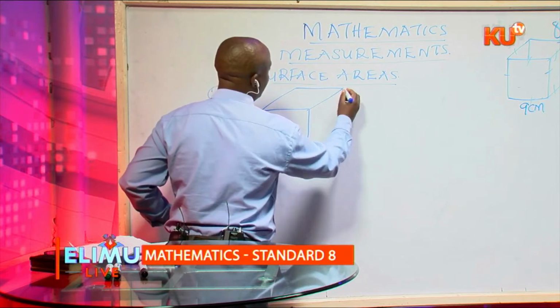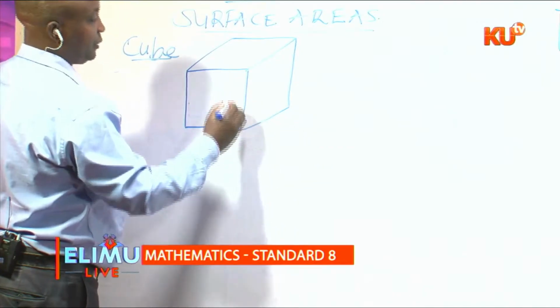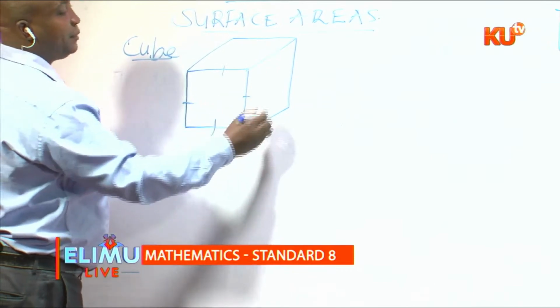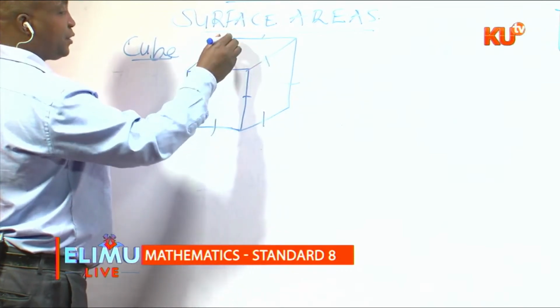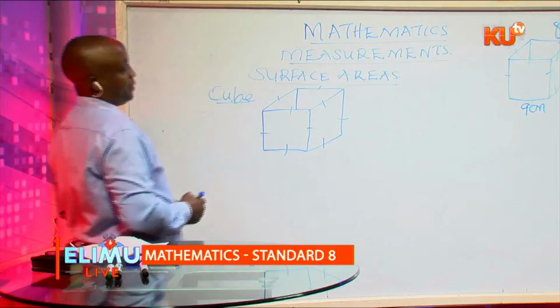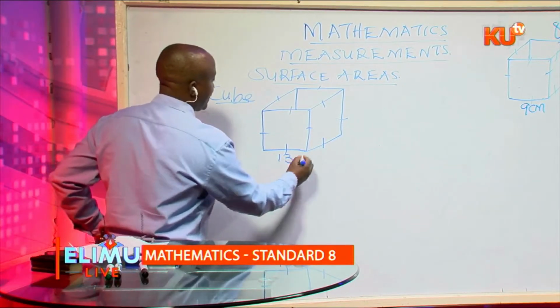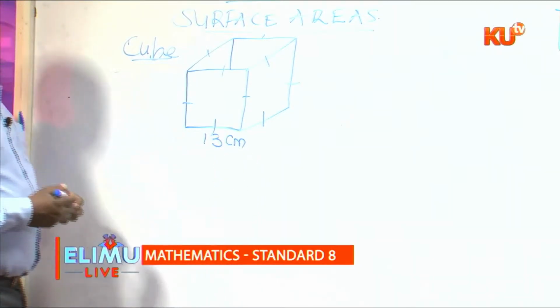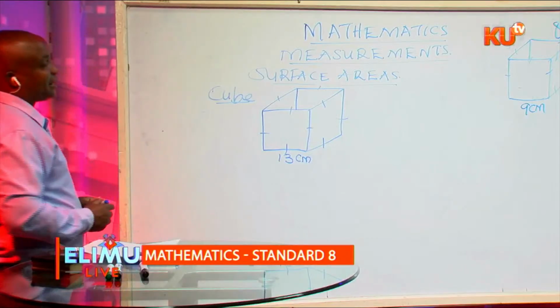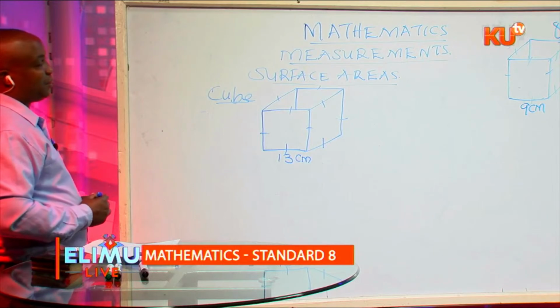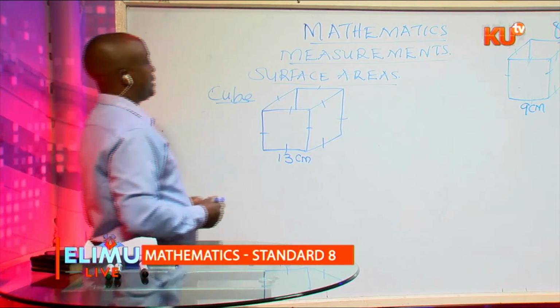So I'll draw an open cube. So that's an open cube. It's open, so I'm going to show that it is open that way. And then we are told the length is 13 centimeters. So the question is, what is the total surface area of an open cube of sides 13 centimeters?